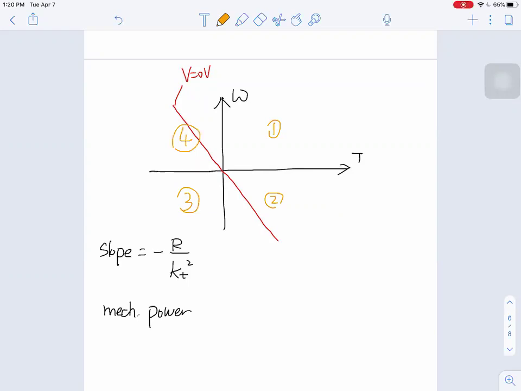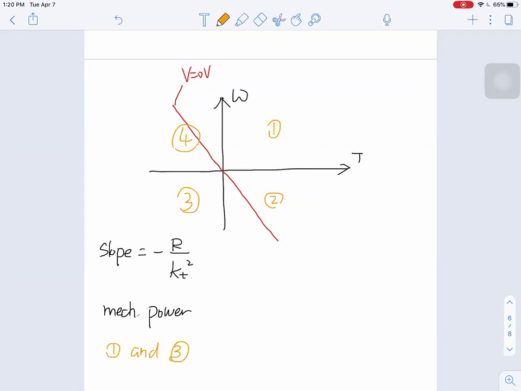And for mechanical power, if we look at 1 and 3, what's the mechanical power going to be?